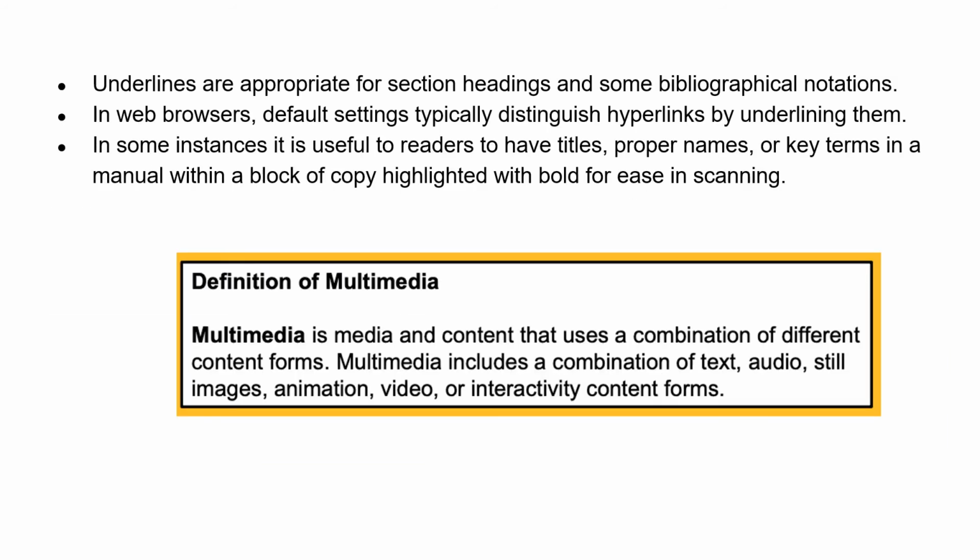And underlines are appropriate for section headings and some bibliographical notations. Some people, when it comes to headings, like to underline the topic, for example. But when it comes to web design, words that are underlined are normally words that have a hyperlink.